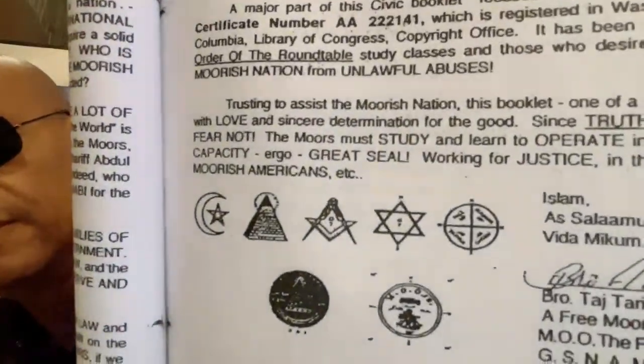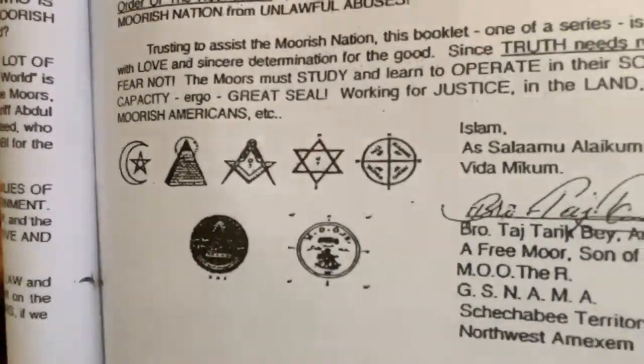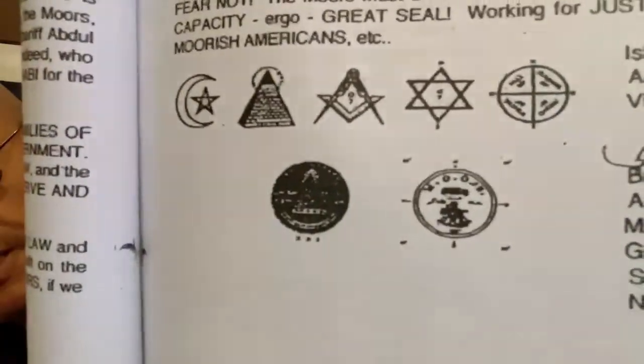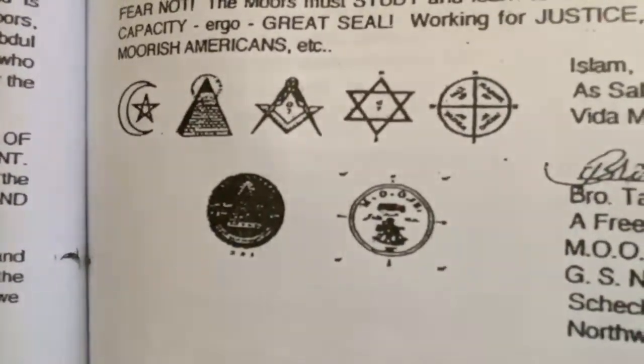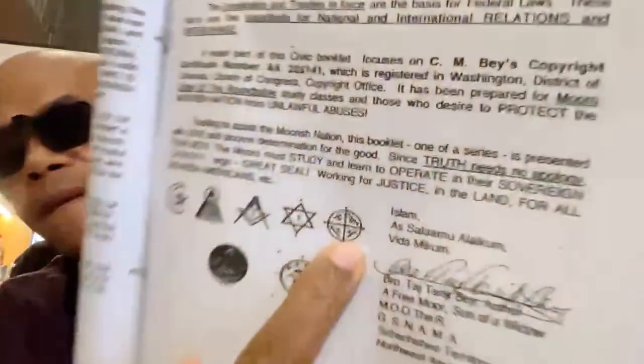So let's look at the other images that I just showed you. You see the crescent and the star? The pyramid? Take a look at the images. So in this document, you can learn what these images mean. Y'all see that?